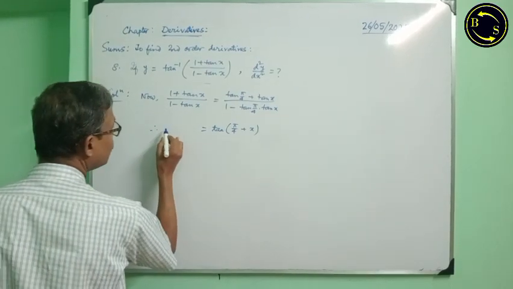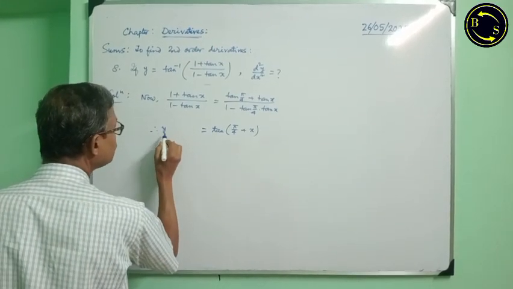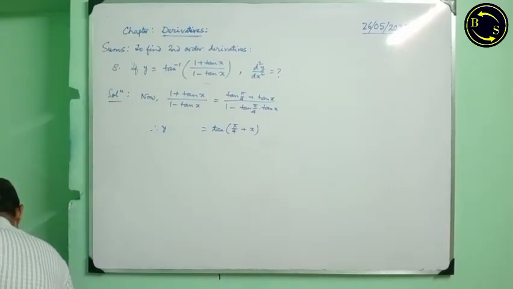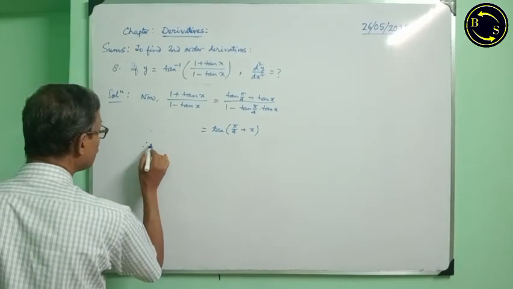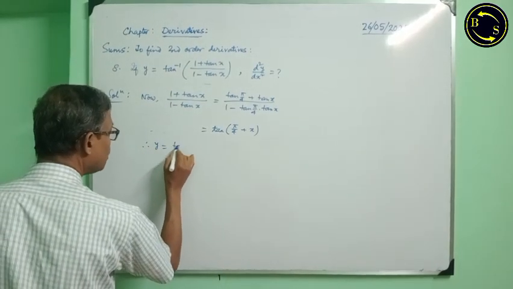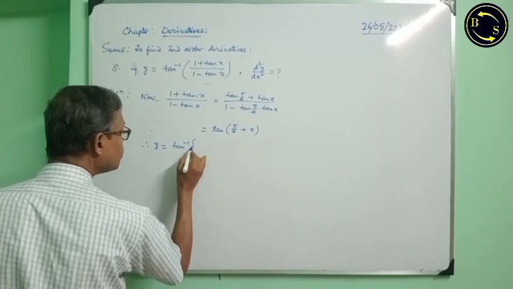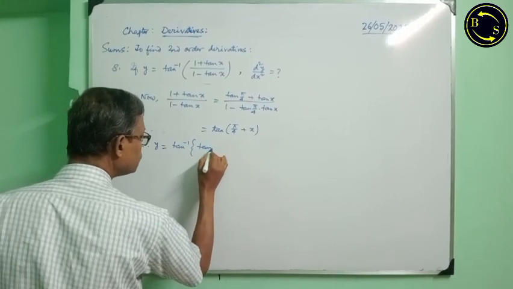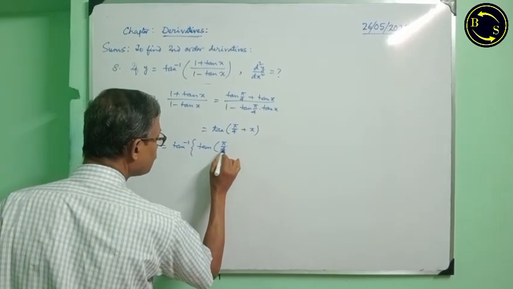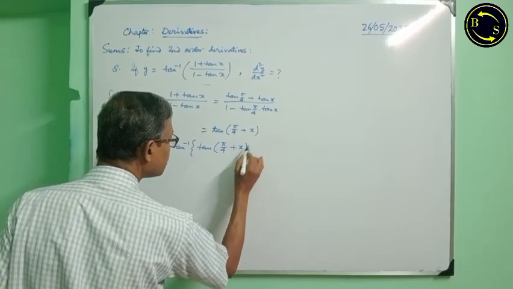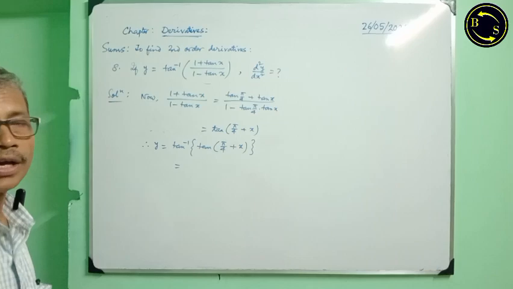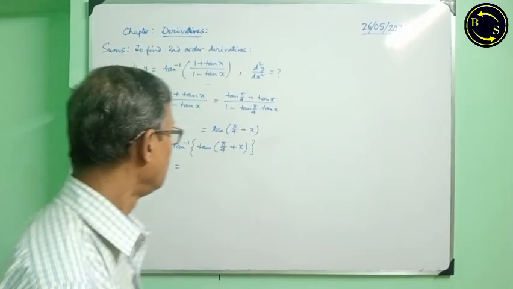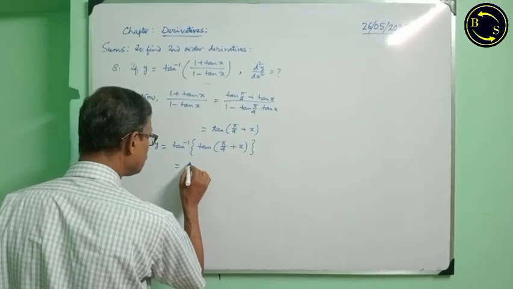Therefore, y is equal to tan inverse of tan of (pi by 4 plus x), that is tan inverse of tan theta, which I have mentioned earlier is equal to theta.